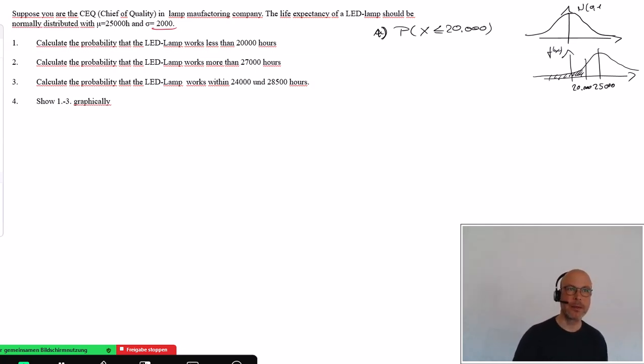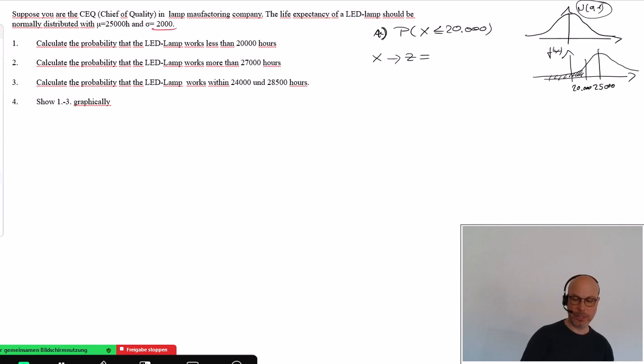And for this, we turn over to the standardized variable, x to z, and z is now shifted back to the standard normal distribution, where z equals x minus mu over sigma, and this is standard normally distributed.